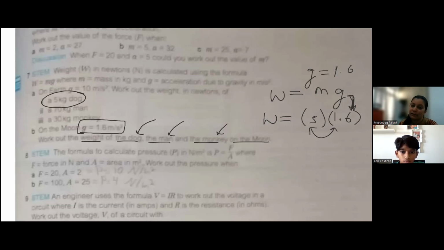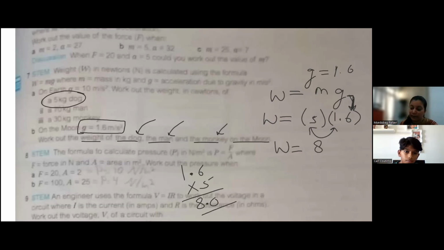Yes, the value of g has changed, so the value of weight will also change. What will it be? 1.6 multiplied by 5, correct? 16 into 5, the value is 80. And one decimal place is there, so we'll put a decimal over here. I hope you know how we multiply decimal numbers. So 1.6 multiplied by 5 will give us 8.0, or we can just write it as 8.